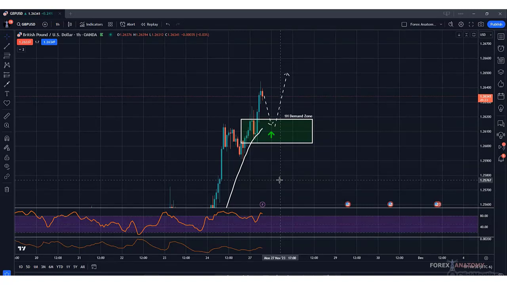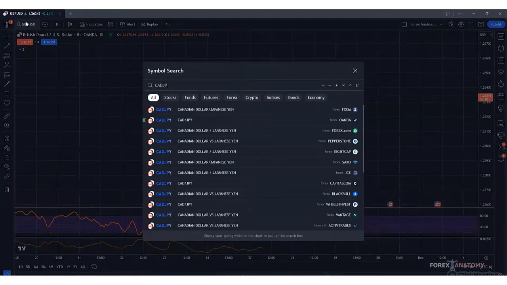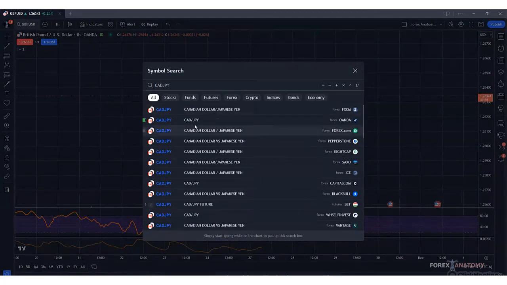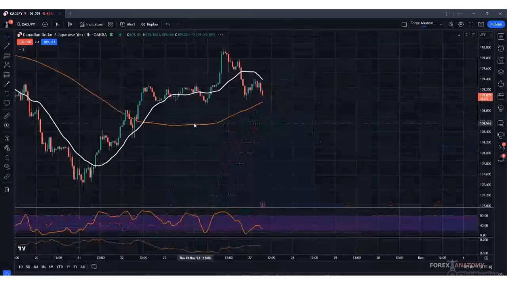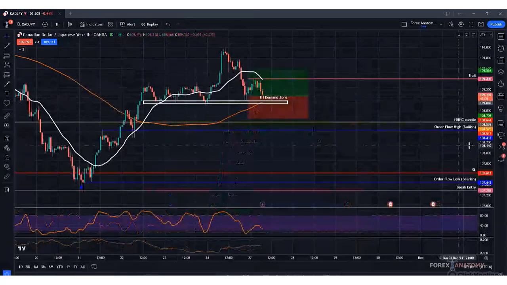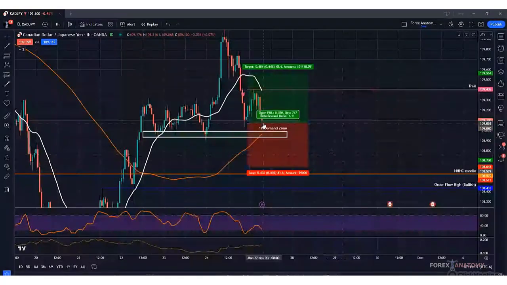All right. Before we go to the next pair, I want to cover the CAD yen. I just saw that we got stopped out at break even, which is okay. We probably should have closed out a bit earlier, but I had a funny feeling that as soon as price stops us out, it's going to head higher.